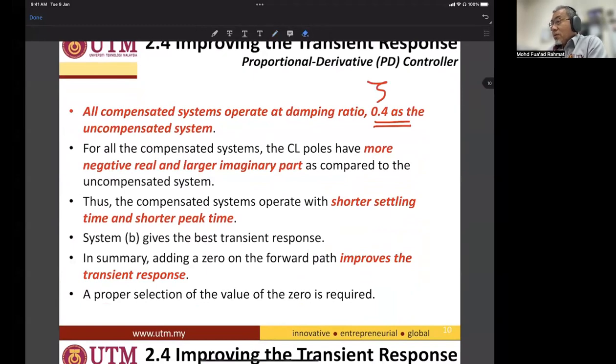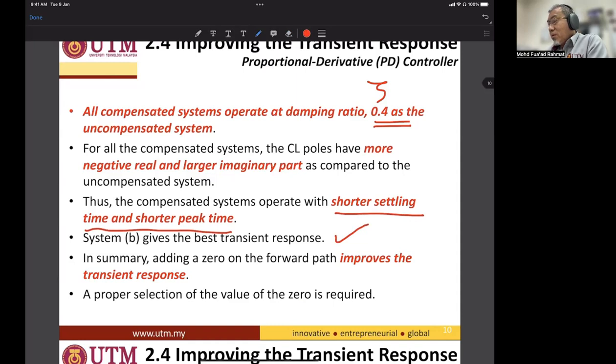For the compensated system, the closed loop poles have more negative real and larger imaginary part as compared to the uncompensated system. Thus, the compensated system operates with a shorter settling time and shorter peak time. So system B gives the best transient response.